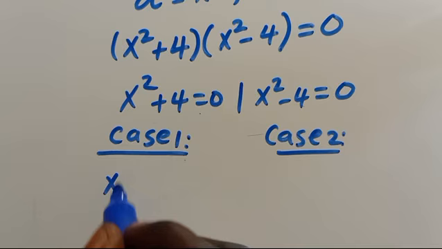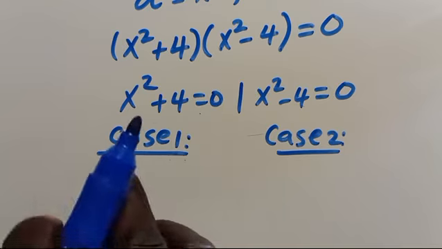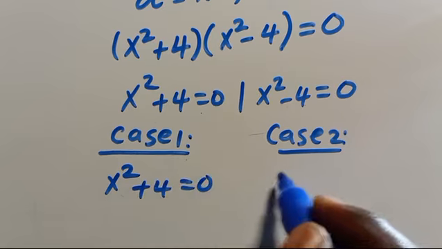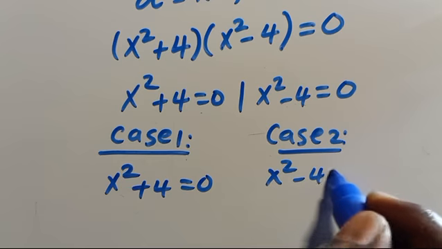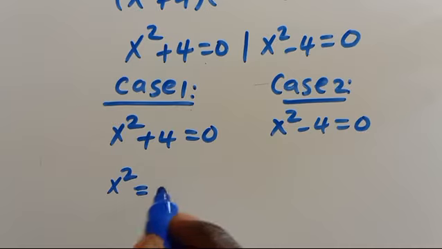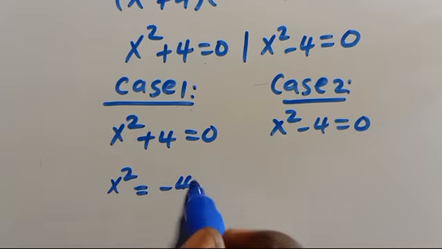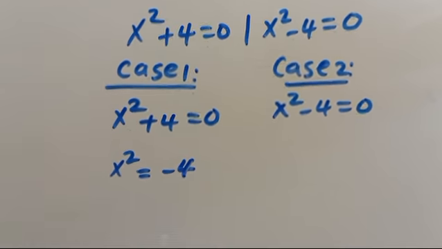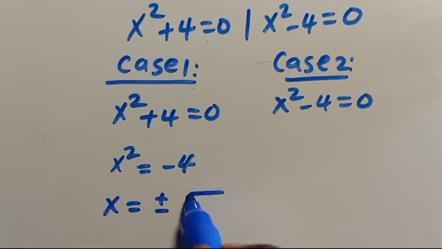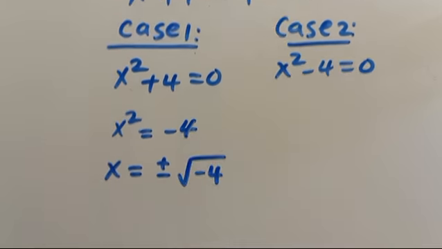So this will be x to the power of 2 plus 4 equals 0, and this will be x to the power of 2 minus 4 equals 0. X to the power of 2 equals minus 4. Then let's take the square root of both sides. x will now be positive or negative root of minus 4.